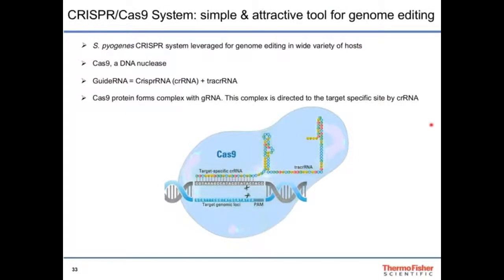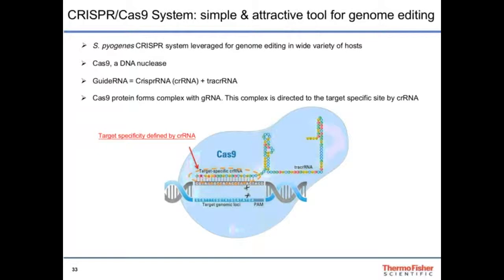So we and others have used that as a genome editing tool. In this case, the most widely used protein, the Cas9 protein, is from Streptococcus pyogenes. The system is this protein, the Cas9, which contains the nuclease domain, and again has no DNA specificity until it's in complex with this guide RNA. If you remember the last slide, we had these CRISPR RNAs that led to our adaptive immunity.